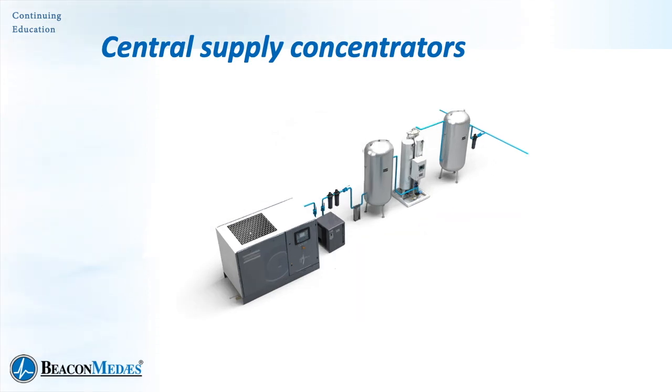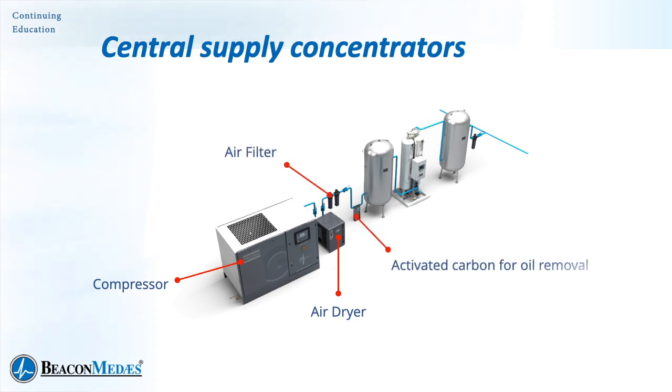Several components go into these. You'll start off with a compressor. The air will then pass through a dryer, filters, and activated carbon to make sure any hydrocarbons are removed. Then stored in an air receiver, flows into the concentrator itself, and the concentrator is what's going to extract the nitrogen and concentrate the oxygen.